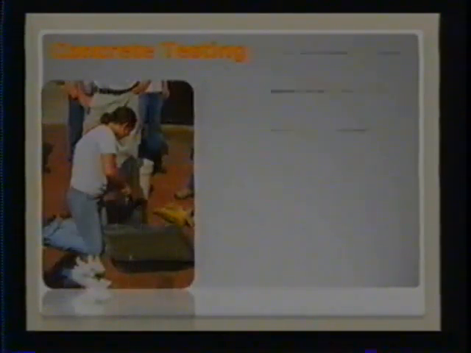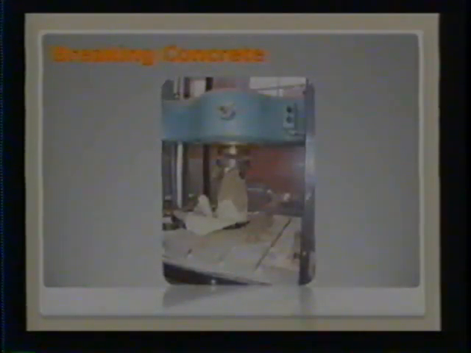And concrete testing. Concrete testing is in order to know if the concrete is of good compressive strength, for which it's used. We need to do certain tests, and this is one of the tests.